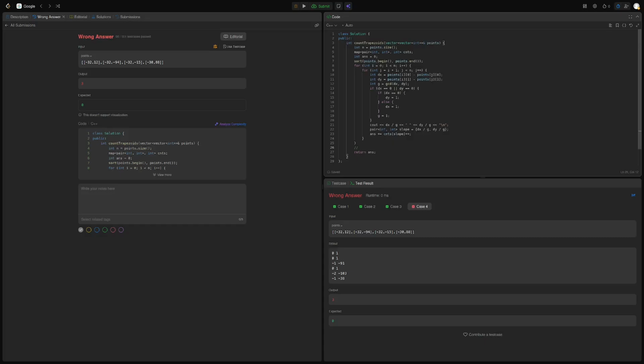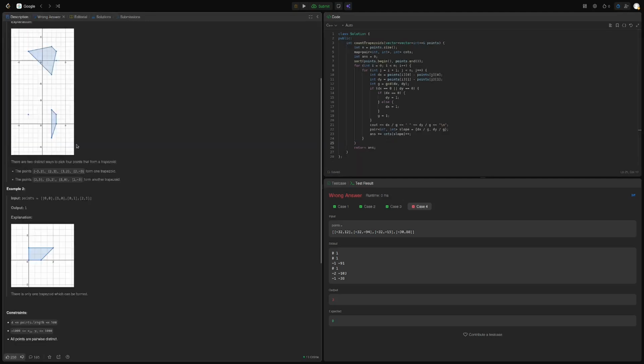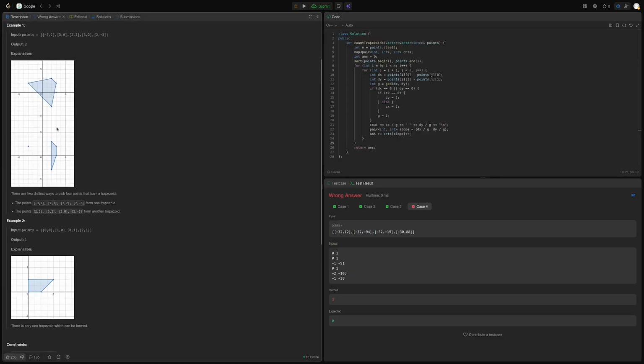So let's say we have a line segment from, I don't know, even this one from the example.